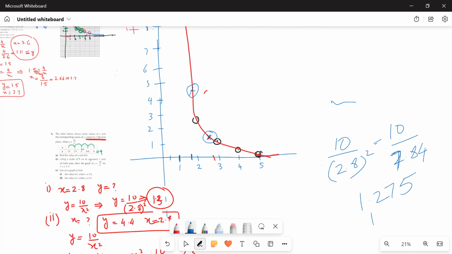And if we correct to one decimal place, it is 1.3. You are not getting this value because of the square. Now for 2.8 square, it is 7.84. Okay. Then 10 divided by 7.84, I am getting this. And after rounding off, I am getting 1.3.